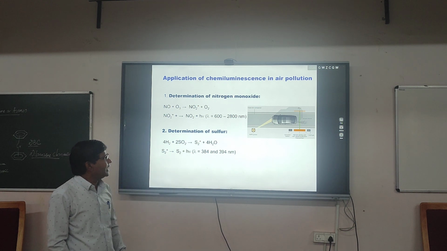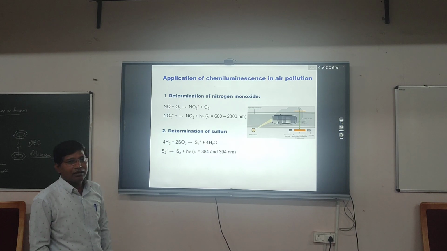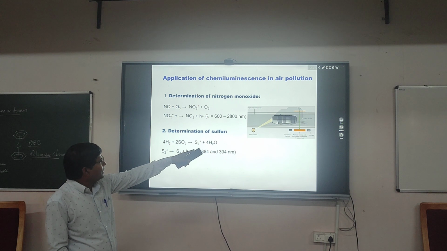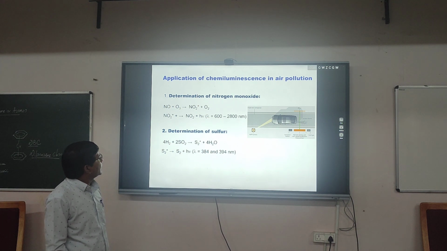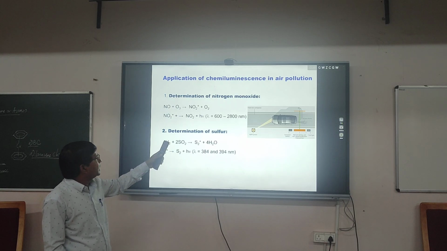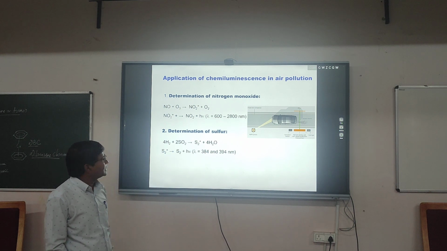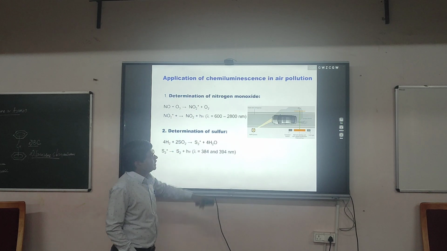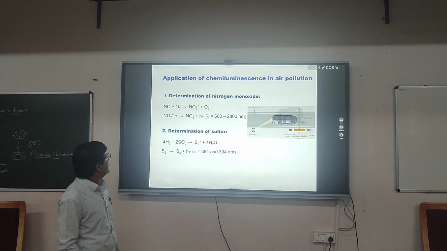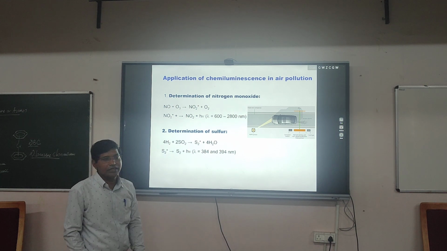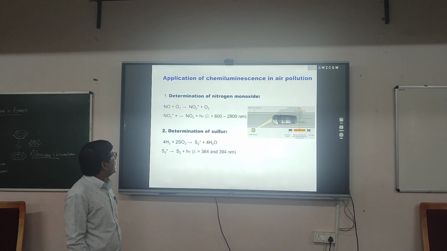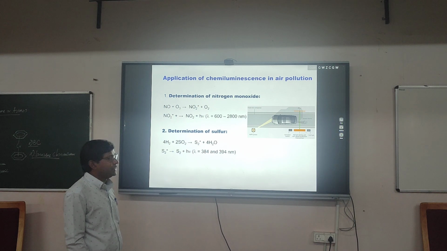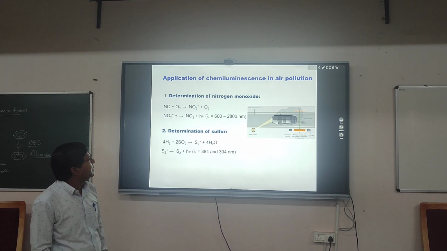When the exhaust gas like carbon monoxide, carbon dioxide, sulfur oxide or nitrogen oxide comes from the exhaust, we have a sensor containing some chemical substance, and that chemical substance reacts with the gas coming from the exhaust and gives chemiluminescence. Suppose NO is present in your exhaust, it will react with ozone and give an excited species of nitrogen oxide, and that can be measured at a different wavelength. So this is a best example of chemiluminescence.